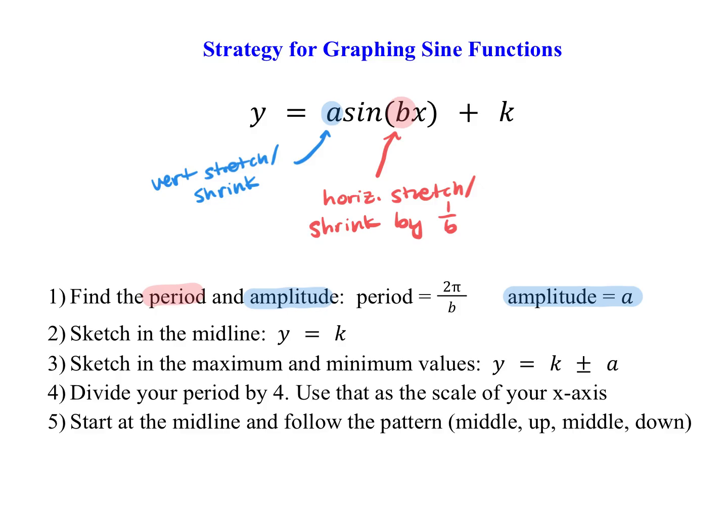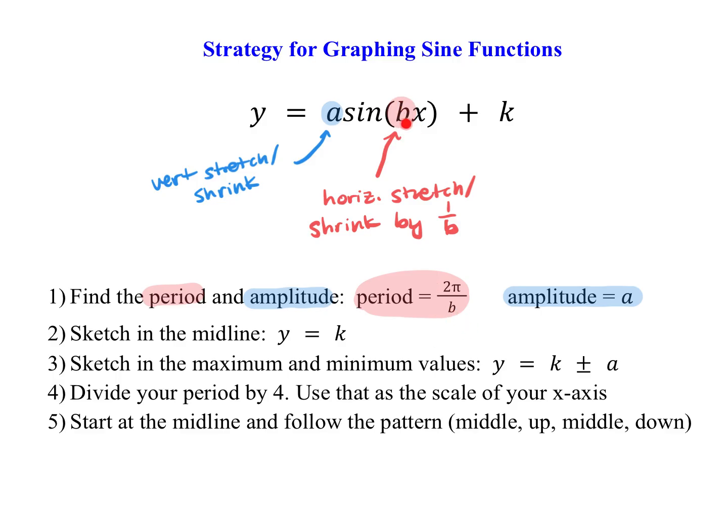There actually is a period formula for these, but really what you're doing is you're taking the original period, which is 2 pi, and multiplying it by 1 over b, which is our horizontal stretch or shrink. But if you remember 2 pi over b, that will be your period.